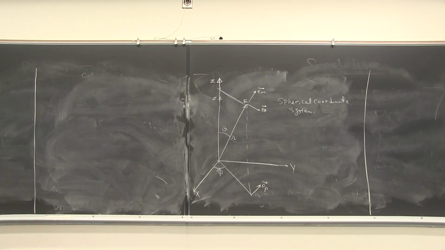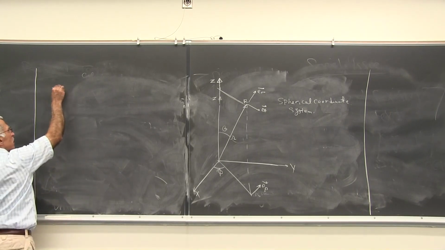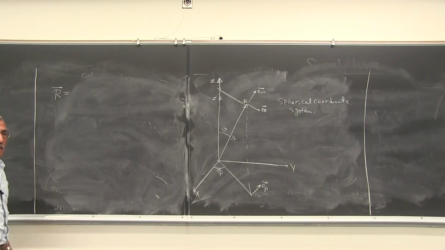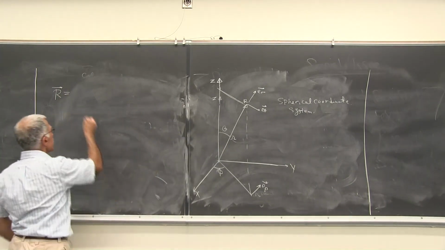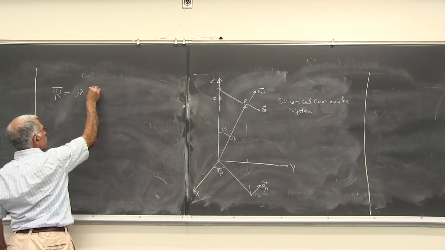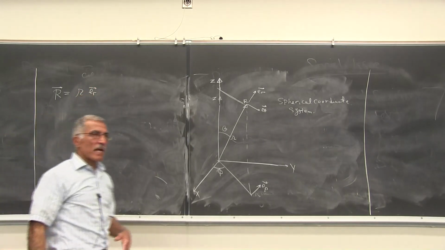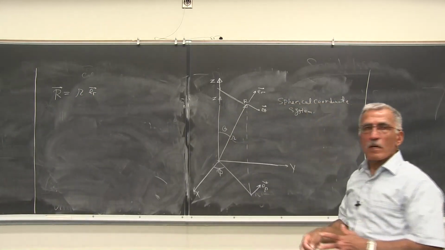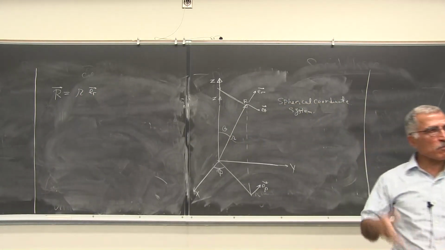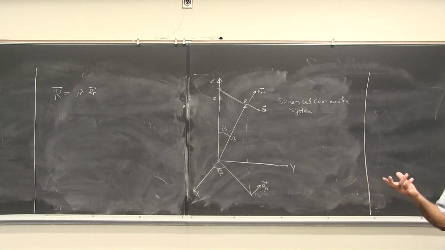So now you have to say, what is the position of the object? The position of the object is defined simply as r times e_r. Somebody last time was asking me, professor, how about theta and phi, don't they come into this picture? I said, no, that's r e_r.